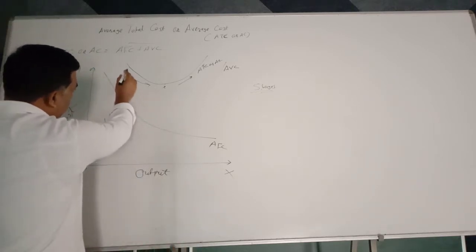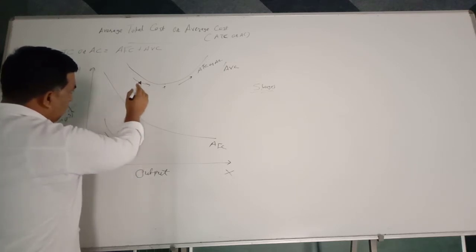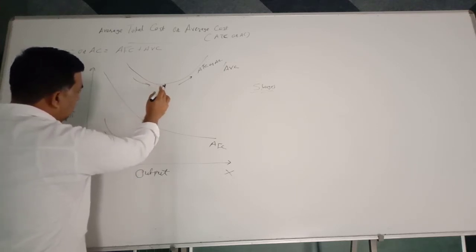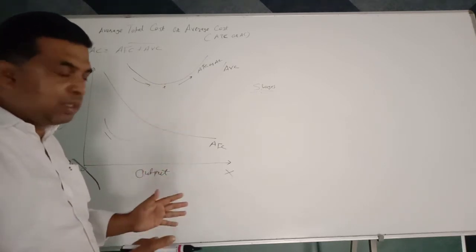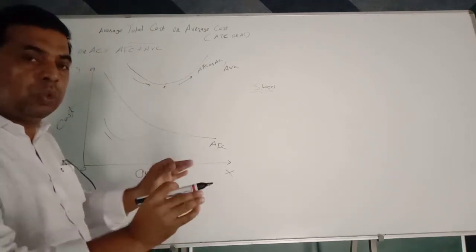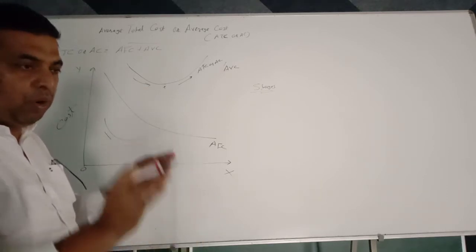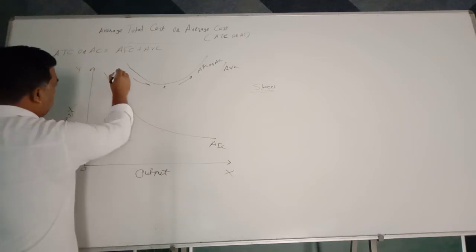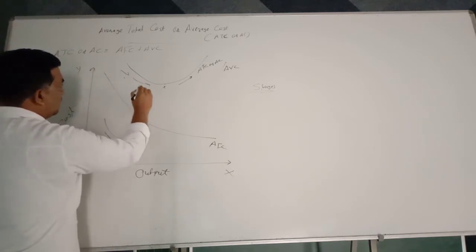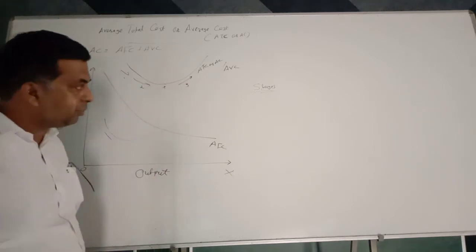Okay, you can observe from the diagram, like it is like average variable cost falls in the beginning, which is at the minimum level, and then rises. We will discuss behavior of average total cost in the three stages: first stage, second stage, and third stage.